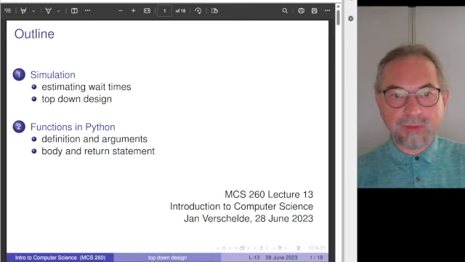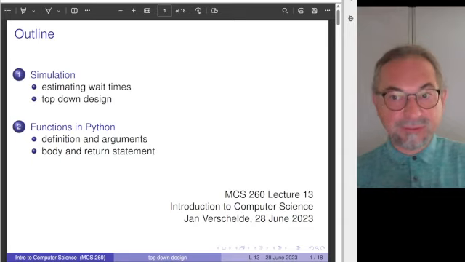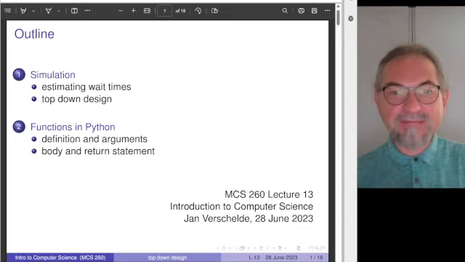So the terminology: we had the body of the loop. We now also have the body of a function, or the definition of a function. We have arguments. When it is a proper function, we have a return statement, and we have formal parameters and actual parameters.